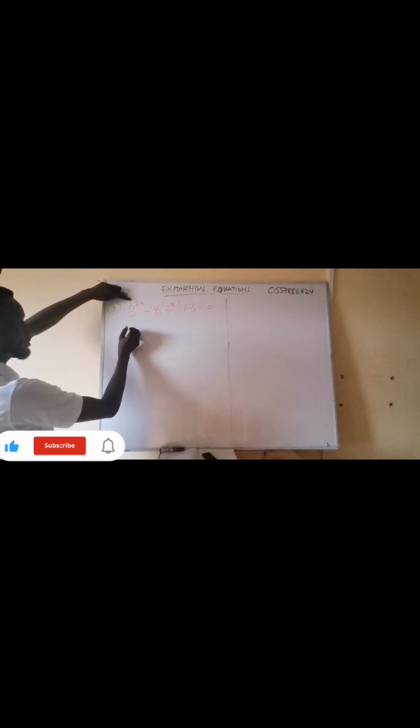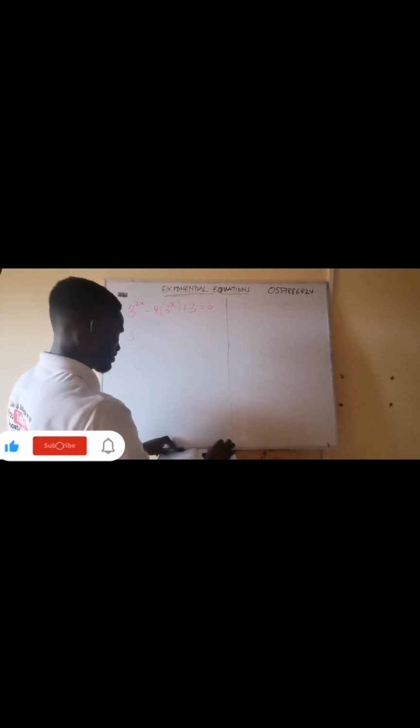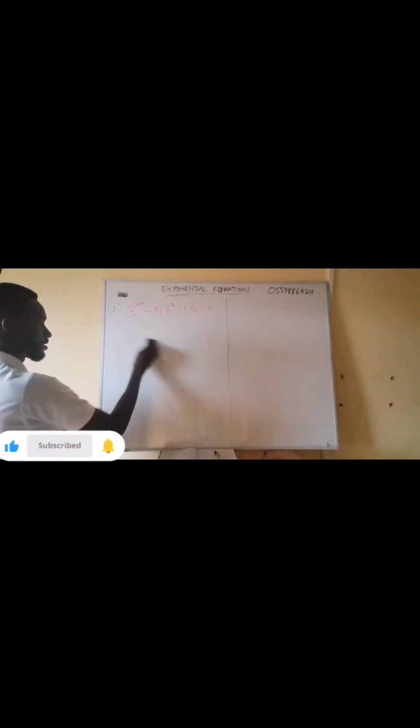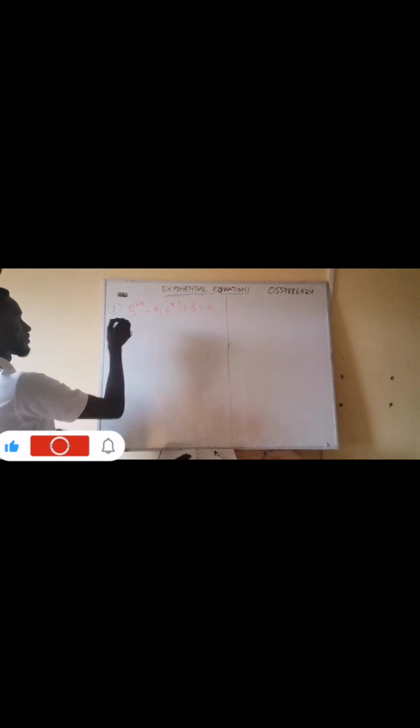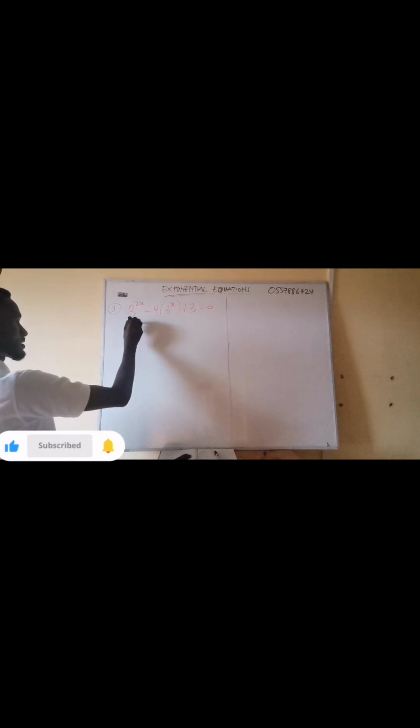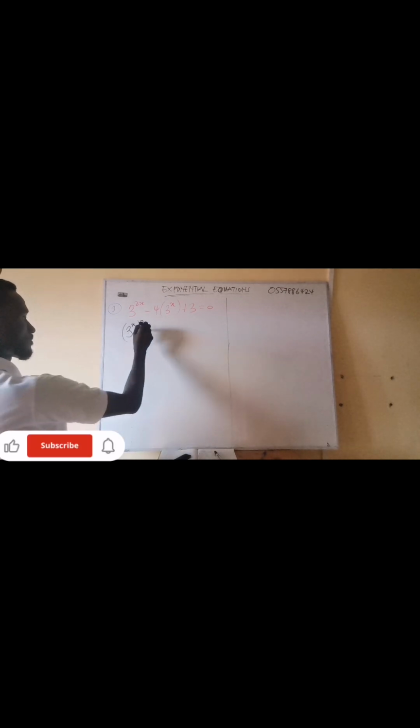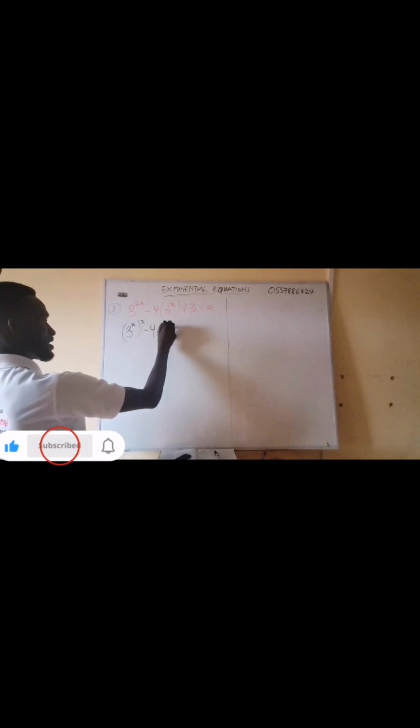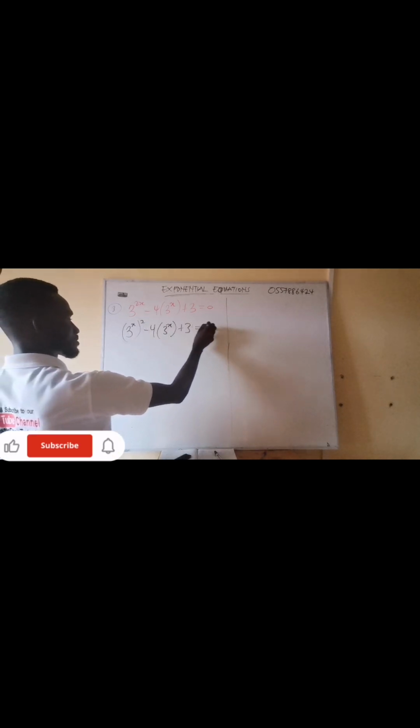Okay, so this one I'm going to write as 3 exponent x multiplying 2. I hope this one is simple because 2 times x will give us 2x, so the same thing as this. 4 times 3 exponent x plus 3 is equal to 0.